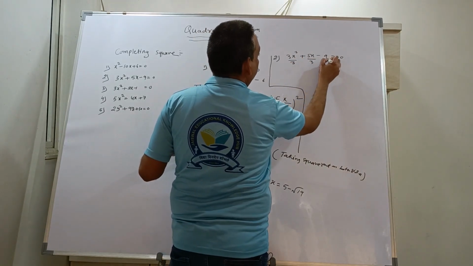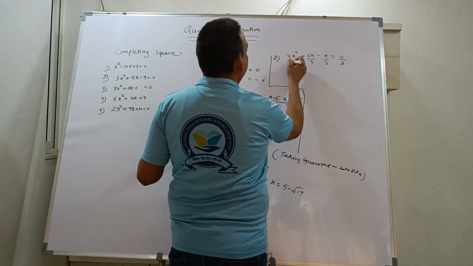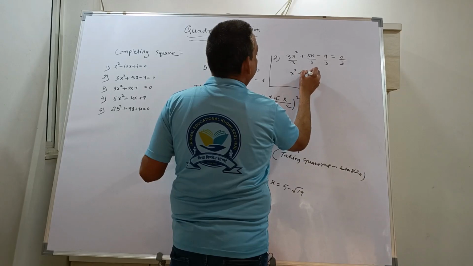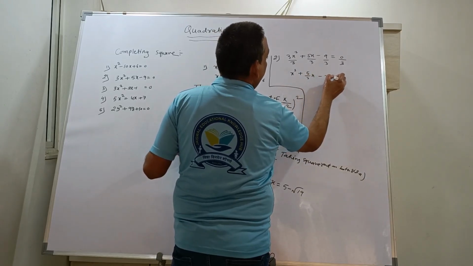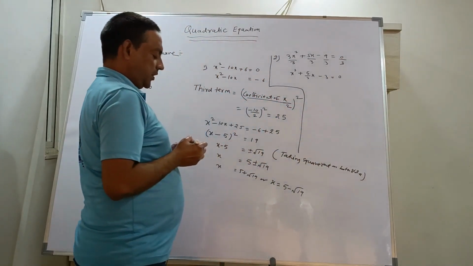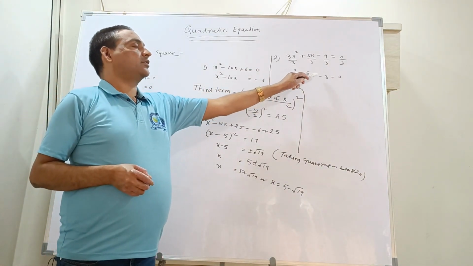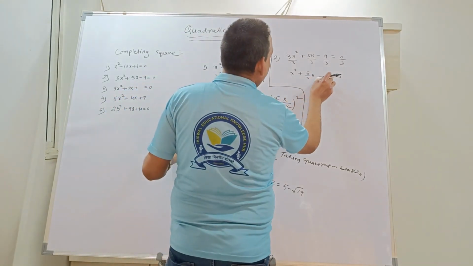Everything by 3. Clear? So now 3 divided by 3 gives you 1 x square. So this is x square plus 5 upon 3x minus 3 equal to 0, since 0 divided by any non-zero number is 0. Now we take the constant number to the other side.